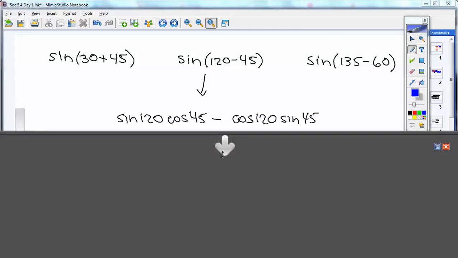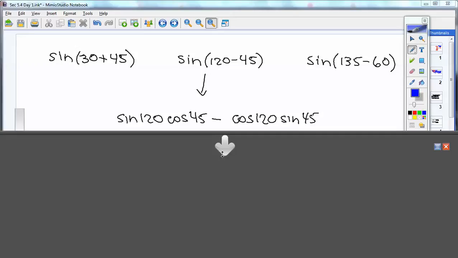Now, you guys in the middle. Sine 120, cosine 45, minus cosine 120, sine 45. But the key is, what's cosine in the second quadrant? Negative. So negative minus a negative is going to turn to plus.